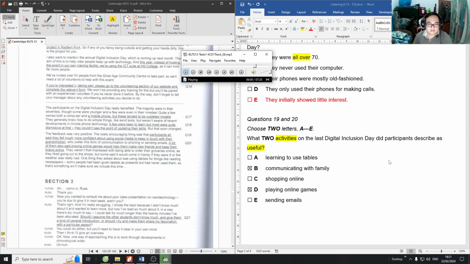A lot of them also said playing online games would help them make new friends and keep their brains active. They weren't that impressed with being able to order their groceries online, as they liked going out to the shops, but some said it would come in handy if they were ill or the weather was really bad. One thing they asked about was using tablets for things like reading newspapers.